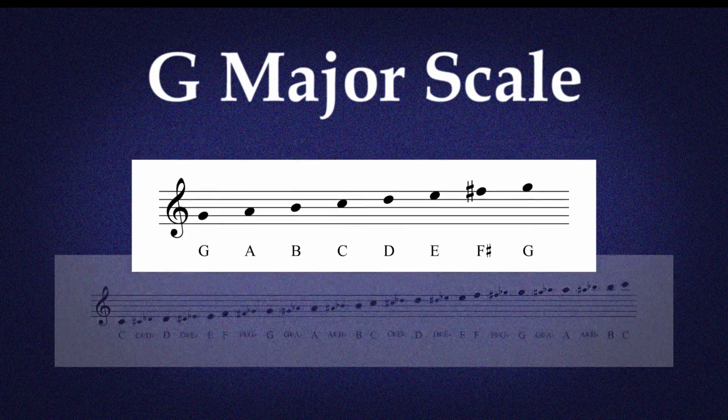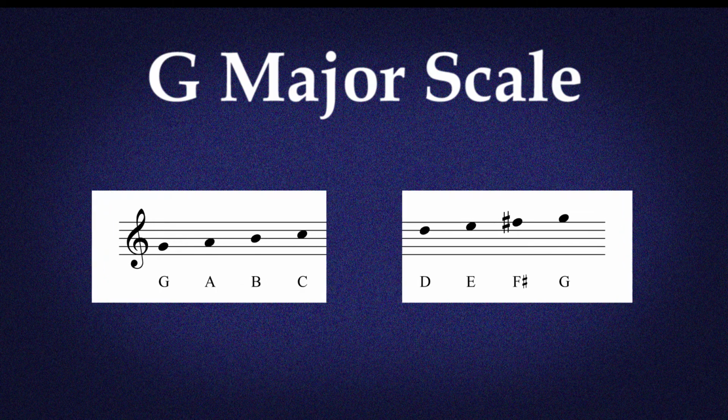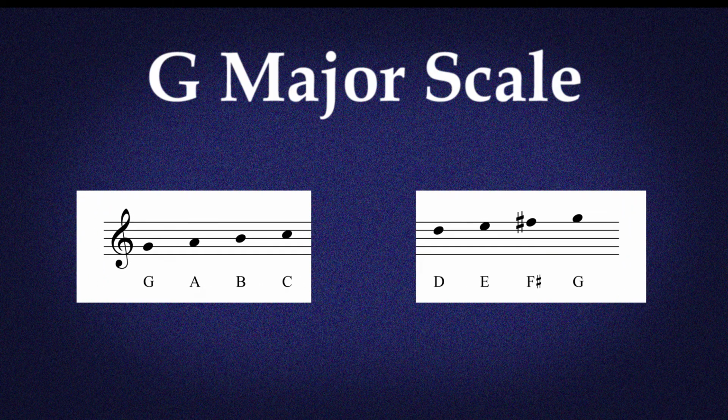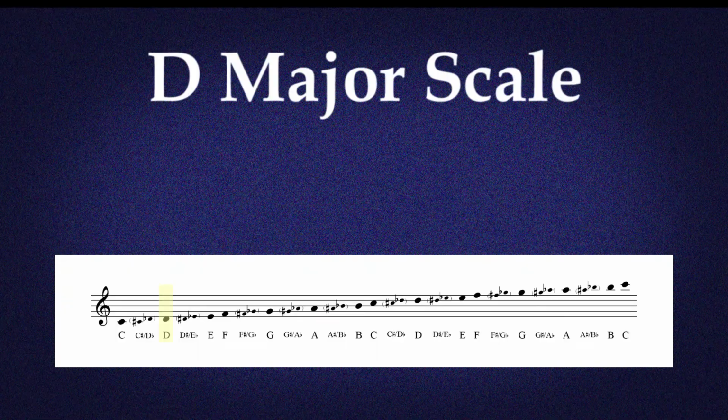Looking at the G major scale, our two tetrachords are G, A, B, C, and D, E, F sharp, G. So just like before, we'll use the second tetrachord as the starting point for the next scale and start on D. As we go through the formula, we find that we must add another sharp when we get to the C note.